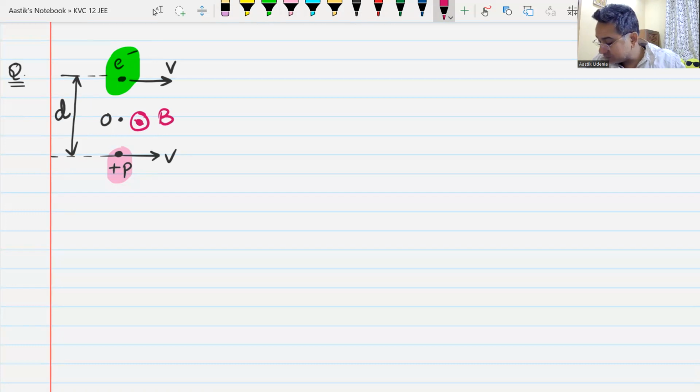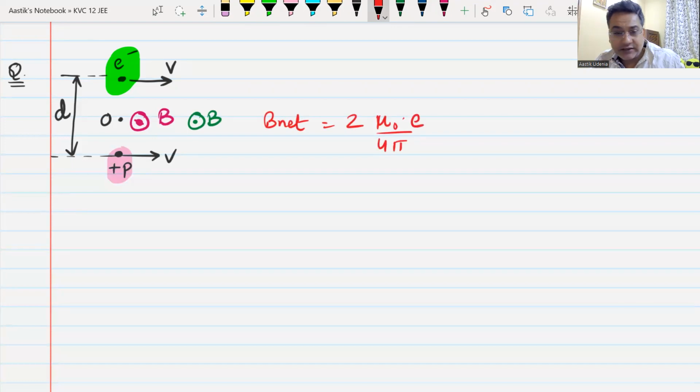Is it coming out? Is it going in? Green is the field of electron and it is also coming out. Therefore, both the fields are going to get added up. So your net field will be just 2 multiplied by field created by any charge. What is the field created by any charge? Mu naught by 4 pi, charge, let me take it as E, velocity is V. Angle between velocity and R vector is 90, so sine 90, divided by distance squared.